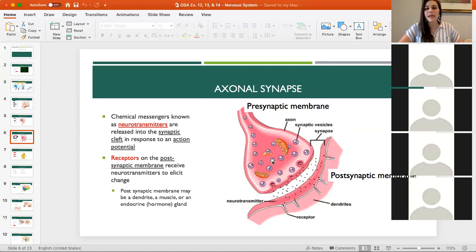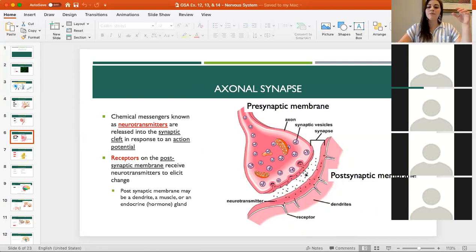Those are going to be called synaptic vesicles, and they're going to be filled with neurotransmitters. Okay, and so we see right here as our neurotransmitters in our synaptic vesicles are flowing through the axon, and they come right here to the synapse, and then they are released. Okay, so those vesicles open up, releasing that neurotransmitter into the synapse.